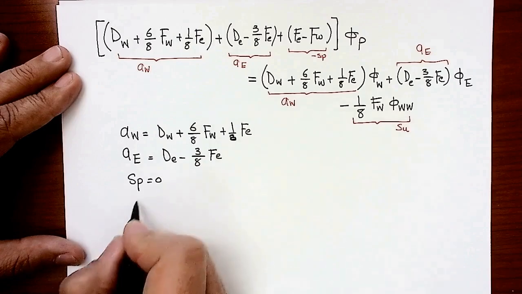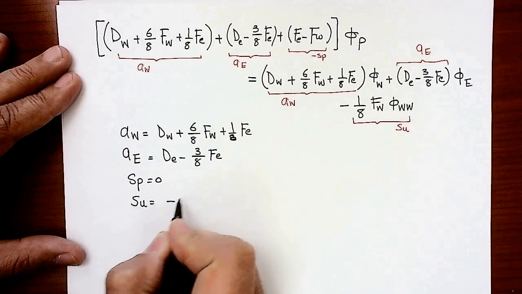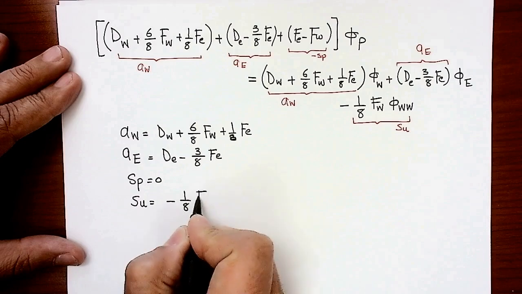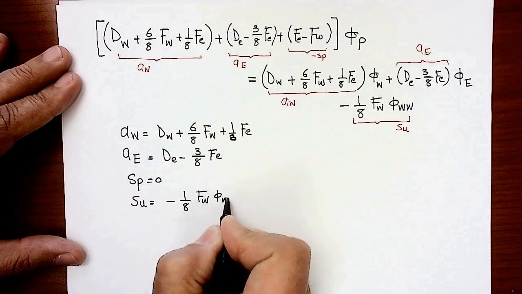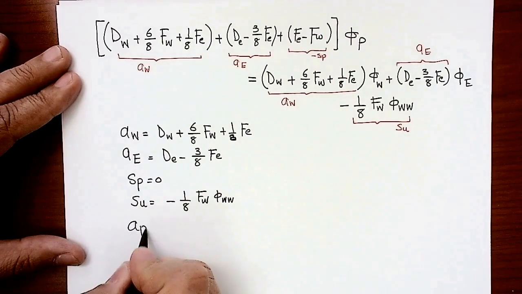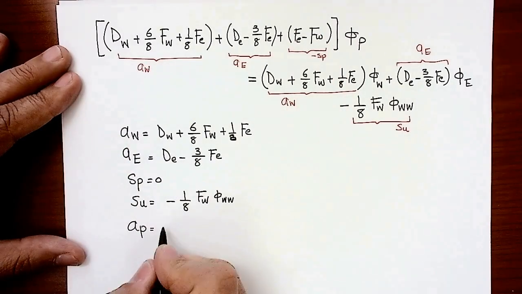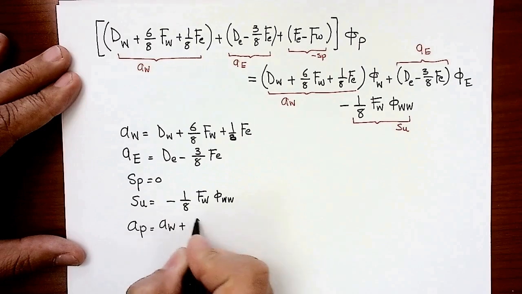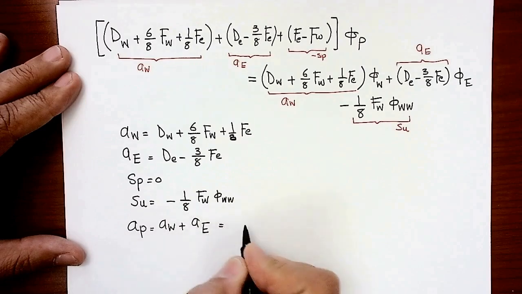And SU is equal to minus 1 over 8 F west phi west-west. Then you add up all these terms, and AP is going to be simply A west plus A east, which is simply the summation of these two.